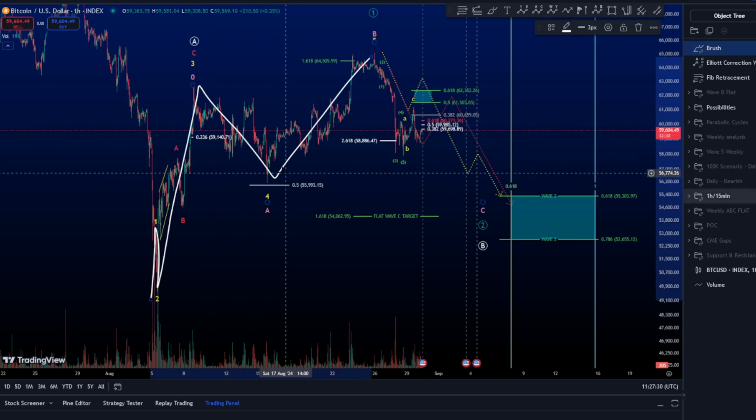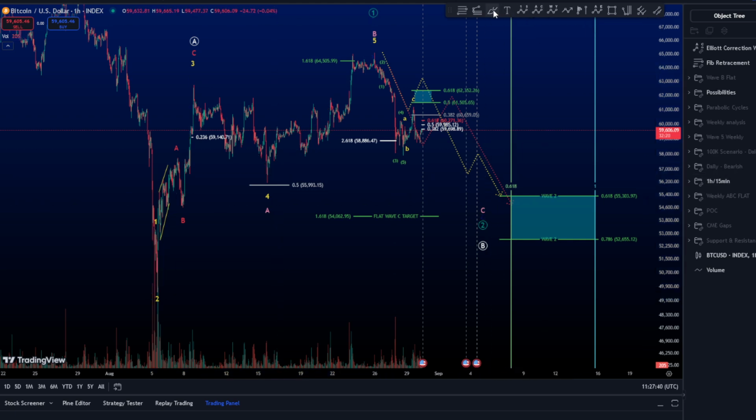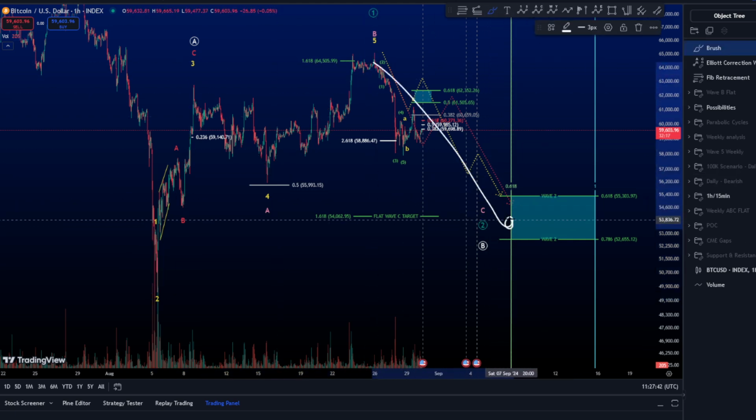So I cannot simply ignore it, and you always need a bullish and a bearish scenario at the same time, because let's say the price goes down to this price, and you are very bearish. So you don't take your target here, for example, and suddenly the price starts to go up. If you don't have your bullish scenario, then you will not know that there was a possibility here, so be careful with your trade.